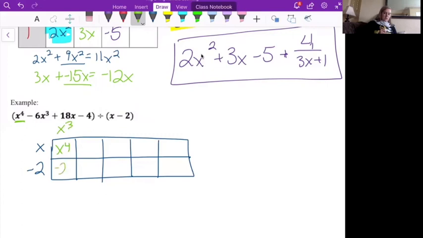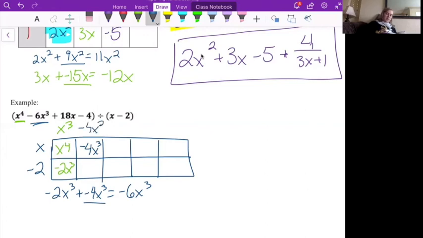So then this would be negative 2x cubed. And then we want negative 2x cubed plus something equals negative 6x cubed. And so that would be negative 4x cubed. So then x times negative 4x squared would give us negative 4x cubed. So then this would be a positive 8x squared.